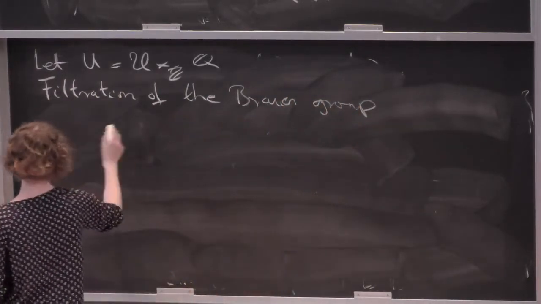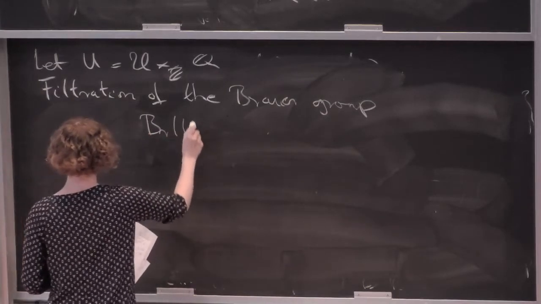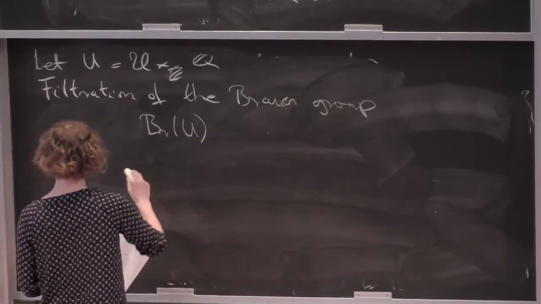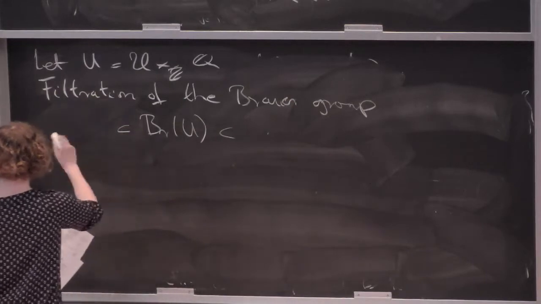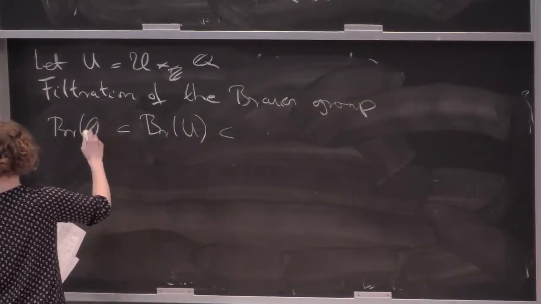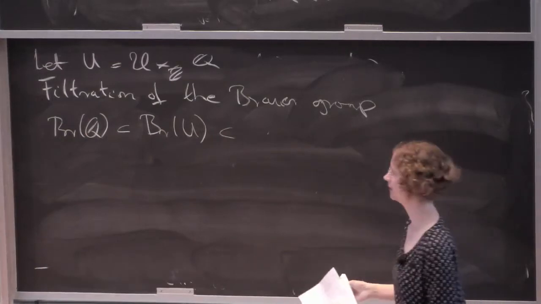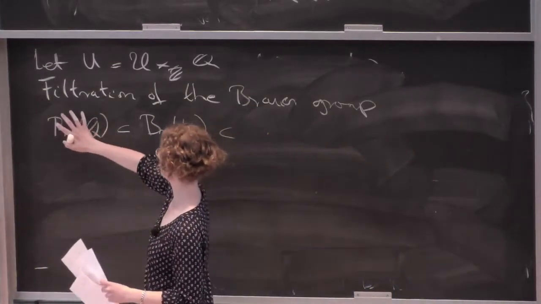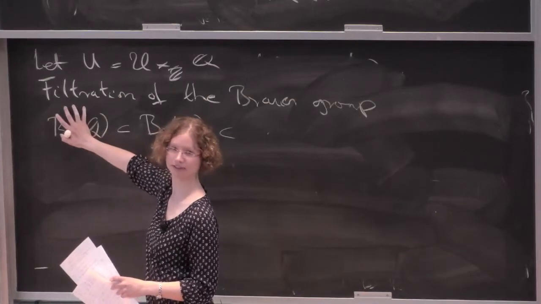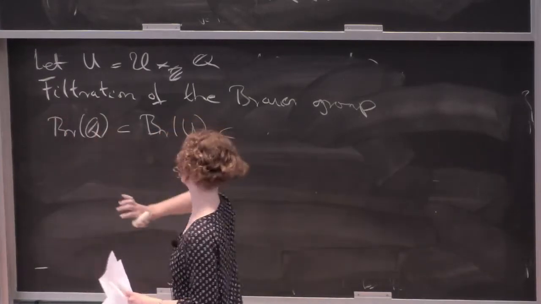Under mild assumptions, the Brauer group of U always contains the Brauer group of the rationals. Those are constant algebras. But they don't do anything. If you pair them with any adelic point, you always get 0. So that's not a very interesting part.